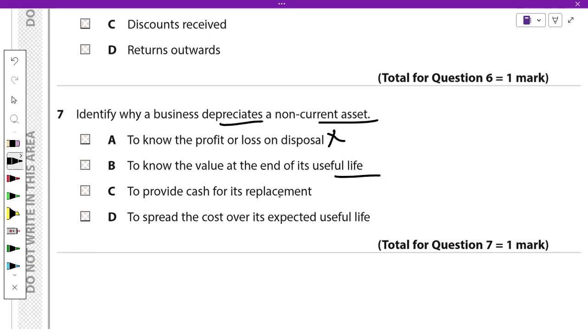To provide cash for its replacement, it's not like that, because sometimes maybe we made a loss, so we are not receiving the amount for the replacement of the sold asset. To spread the cost over its expected useful life. This is the proper definition of depreciation.